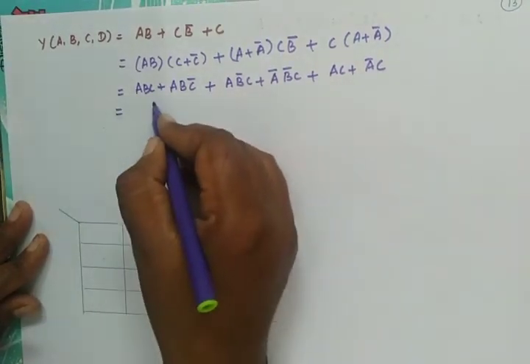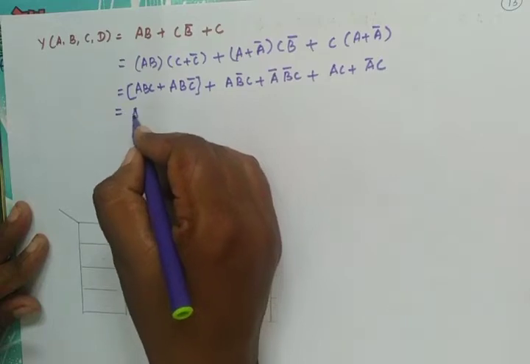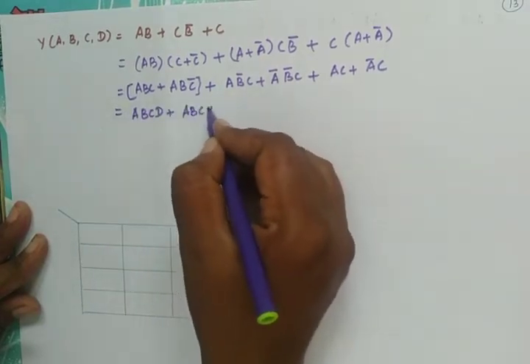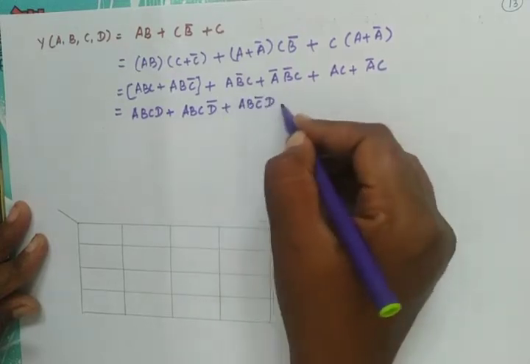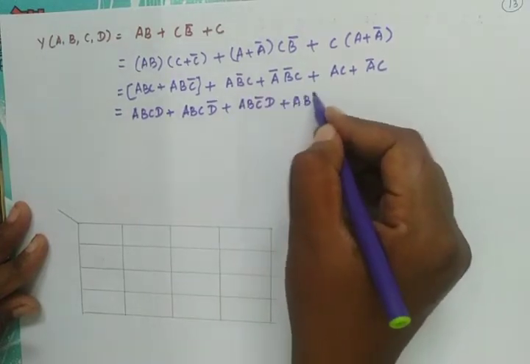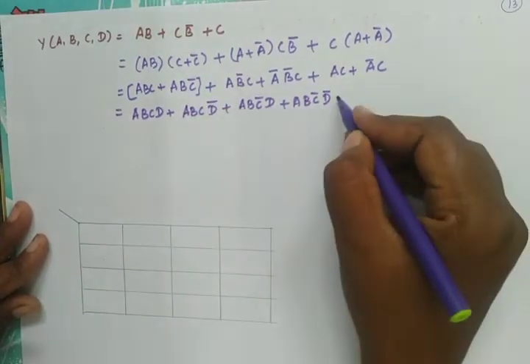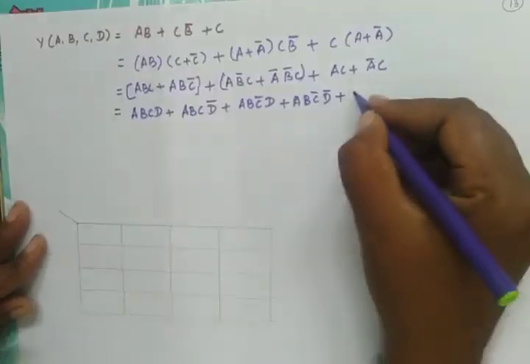Now what we have to do? Multiply D with this. So ABCD + ABCD̄ + ABC̄D + ABC̄D̄. So this is over. Now multiply D with this again.